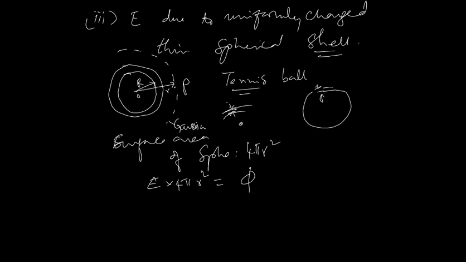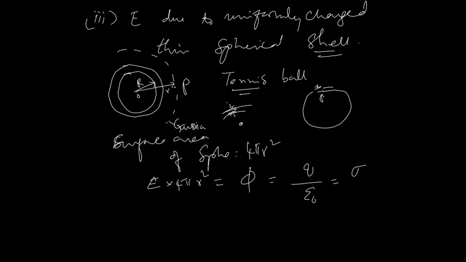How do we get phi to be sigma by epsilon naught? By Gauss law, this is nothing but q divided by epsilon naught. In order to get the q, we are replacing it with sigma into area.